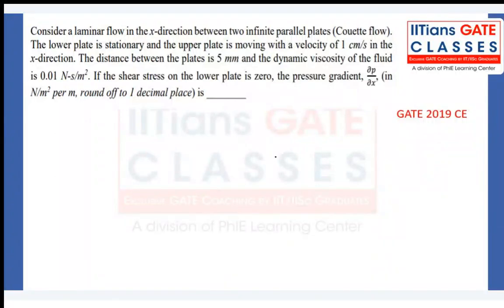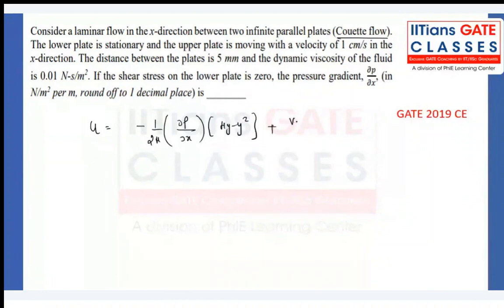First of all, we have to understand that it is a Couette flow, not a simple Couette flow. So we have to write the complete formula, that is minus 1 upon 2 mu, dou p by dou x. This is the formula we have. So here, my dear friend, we can write shear stress, mu into dou u by dou y, equal to 0 at y equal to 0.